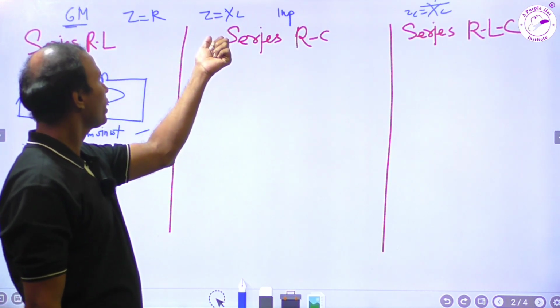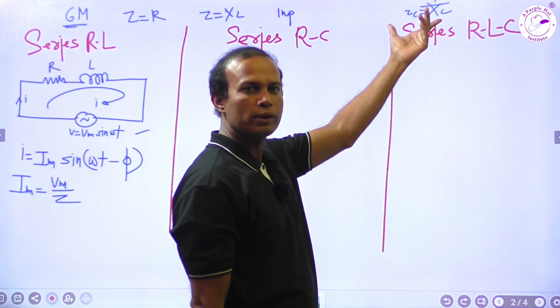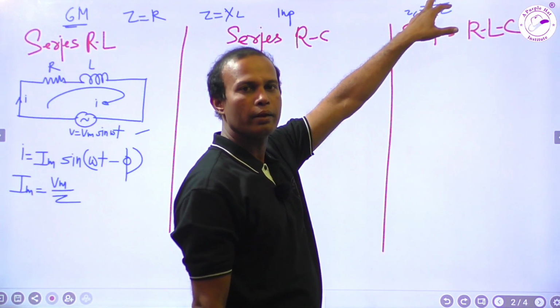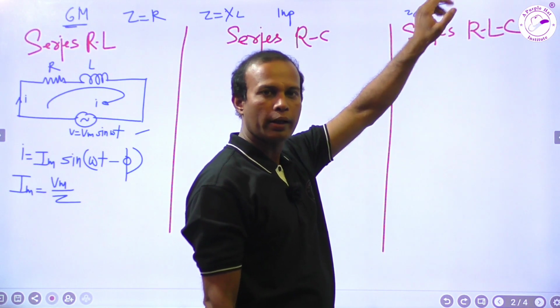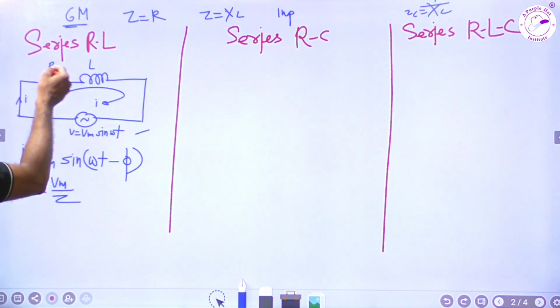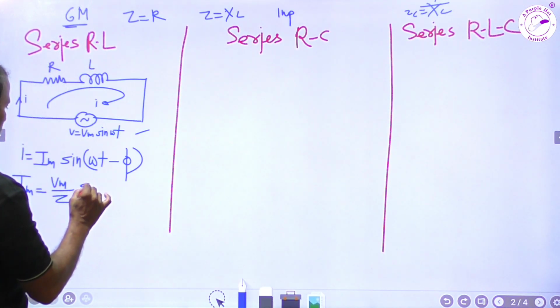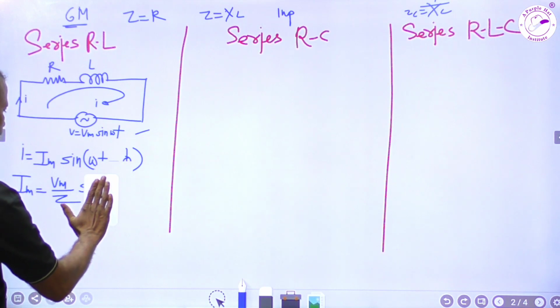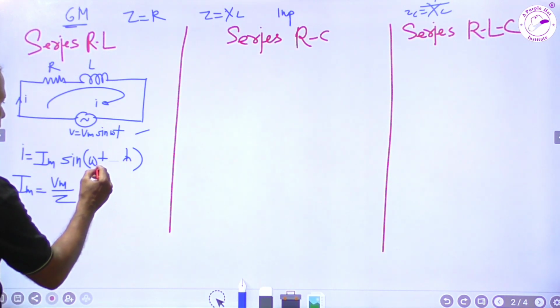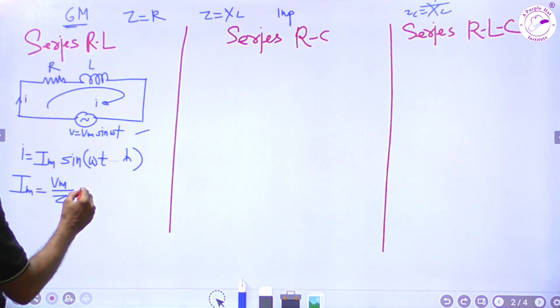For a purely inductive circuit, impedance is equal to inductive reactance. For a purely capacitive circuit, we consider impedance equal to capacitive reactance. Now this circuit has impedance, a combination of R and L. So this is the impedance. This is called the maximum value of the current, or amplitude of the current, in ampere.